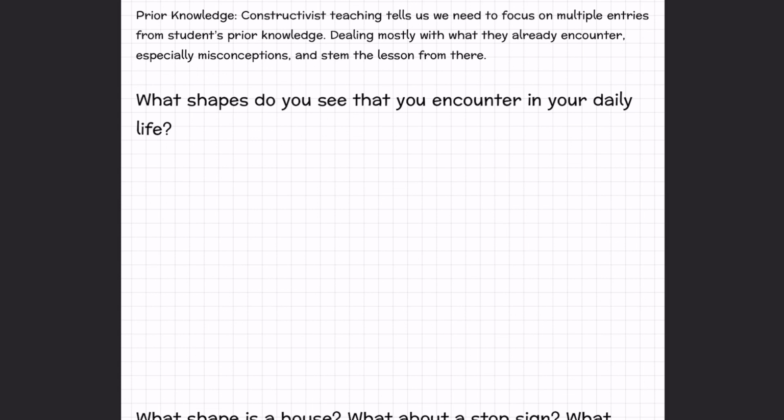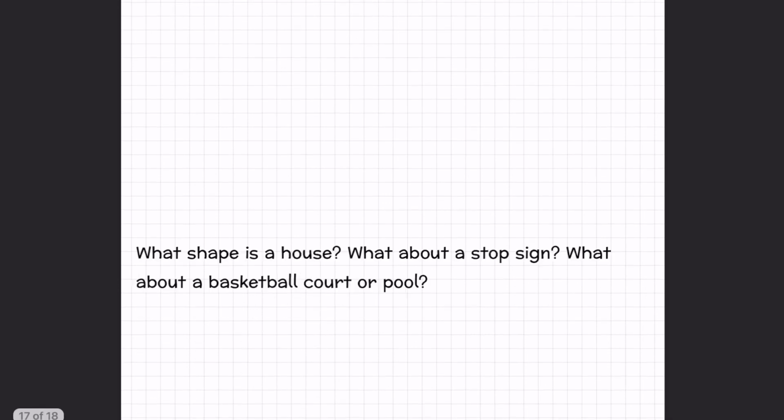What that basically means is we start off with almost like an inquiry-based question, and we move forward into building off of that, trying to find a similar starting point so that all the students can start. So this is our starting point today. What shapes do you see that you encounter in your daily life?